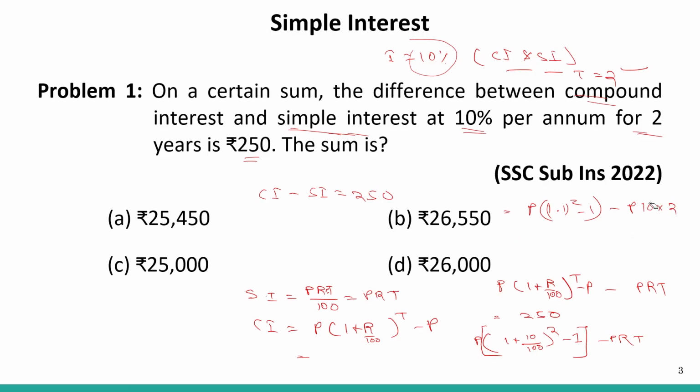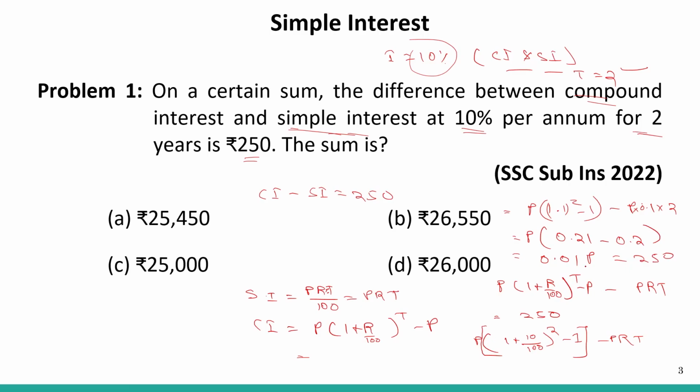In decimal form 10 will be 0.1. So this is P into 0.21 minus 0.2, which is equal to 0.01 P. This is given as 250.